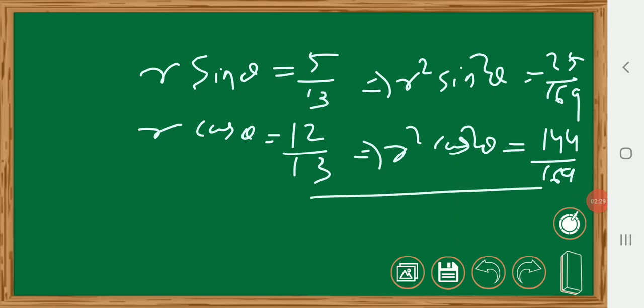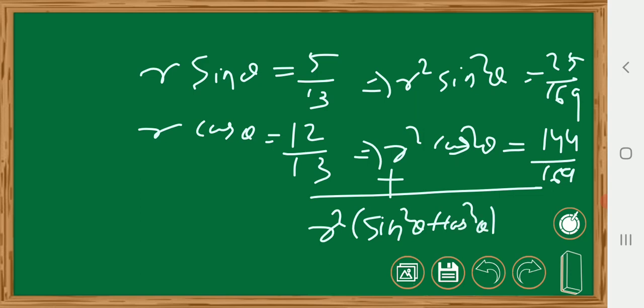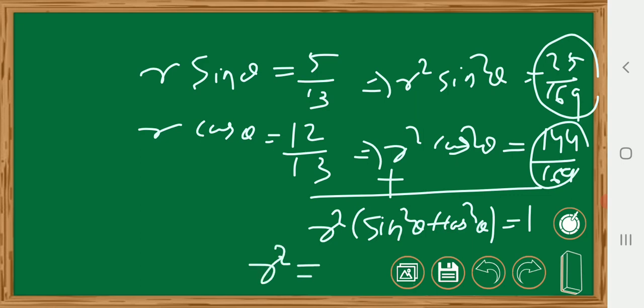Okay, you just add these two. So r square into (sin square theta plus cos square theta) is equal to 25/169 plus 144/169, which is 1. So what happened here? r square is equal to 1 because sin square theta plus cos square theta is equal to 1.